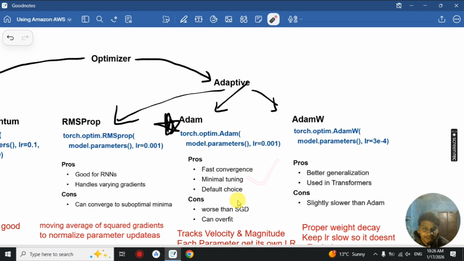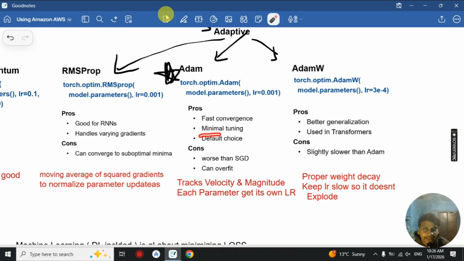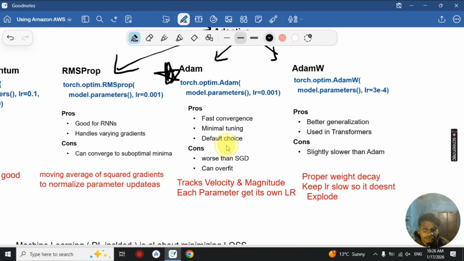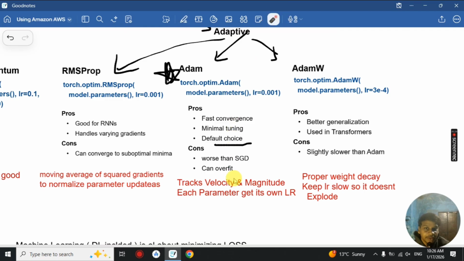Also you need minimal tuning, and it should be your default choice for any deep learning problem, okay. But it could be worse than our SGD, okay, and it could sometimes overfit, okay. So that thing you also should take care of, okay.